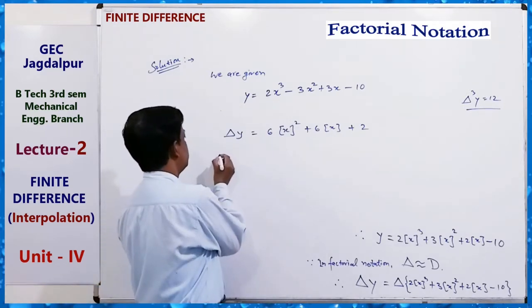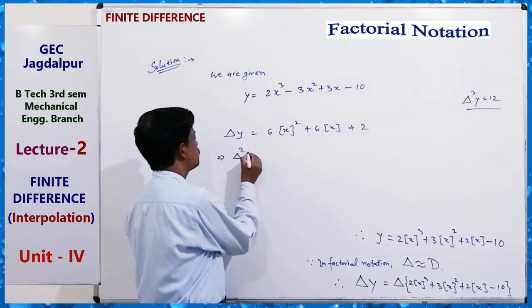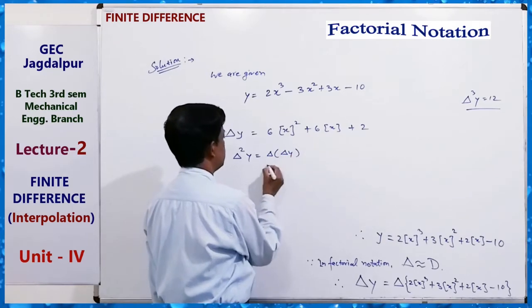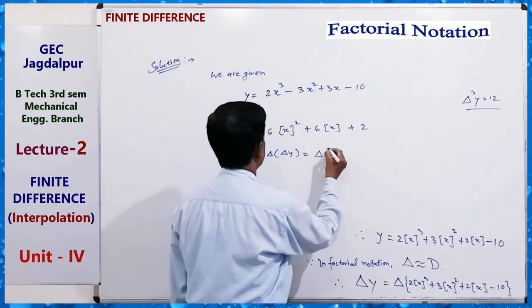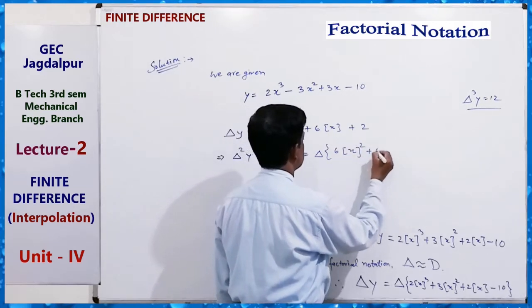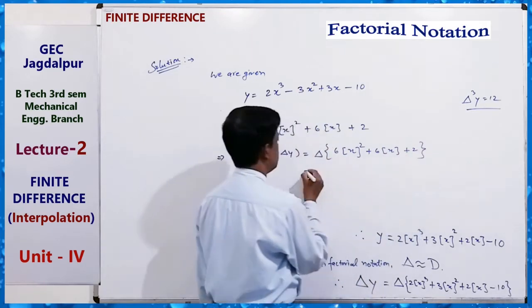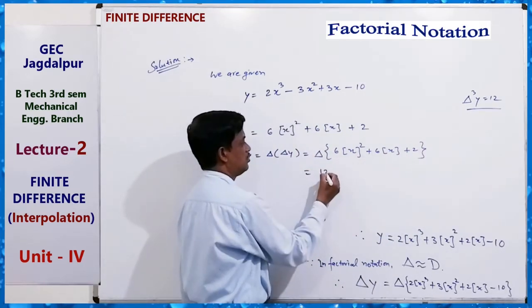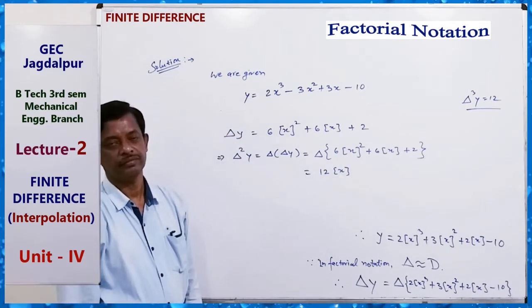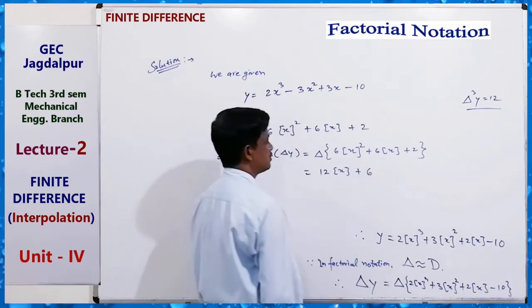Okay, implies del square y equals del of del y. So del of 6x plus 6x, just differentiate it. Differentiate it means what? 12x plus 6.